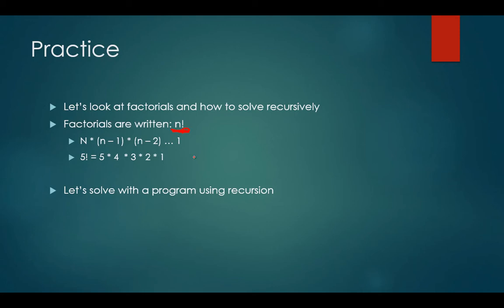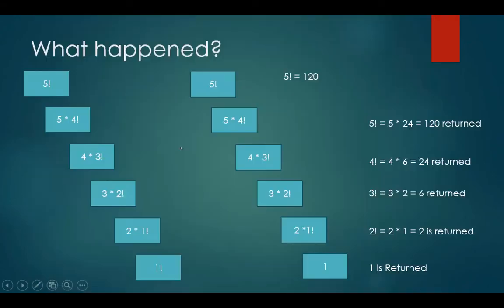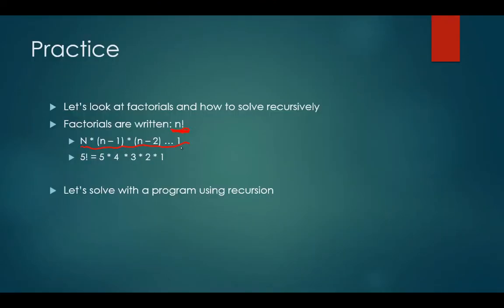A factorial is simply this pattern: the number times the number minus 1 times the number minus 2, until we get to the value of 1. So if we did 5 factorial, it would just be 5 times 4 times 3 times 2 times 1.